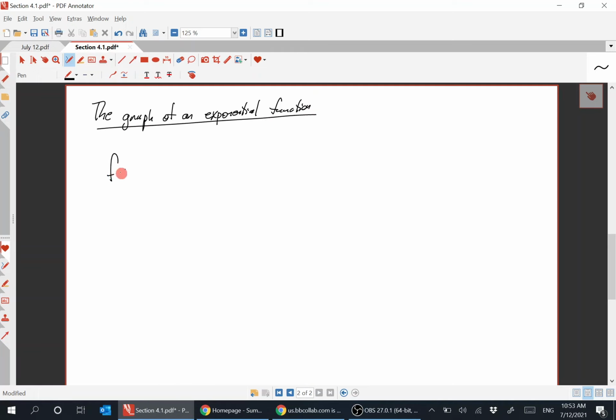So if you have f of x equal to k a to the x, where k is positive, the big difference in what graphs of exponential functions look like depends on a. a is always positive with an exponential function. It simply doesn't make sense to have it negative.